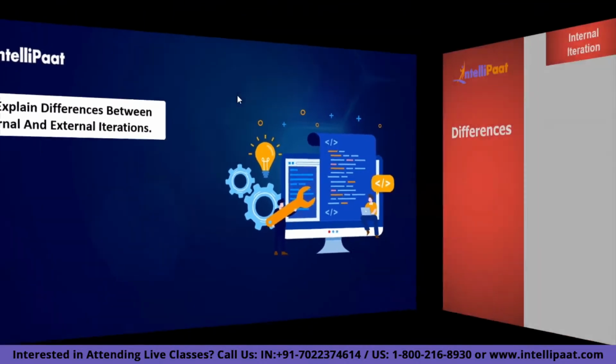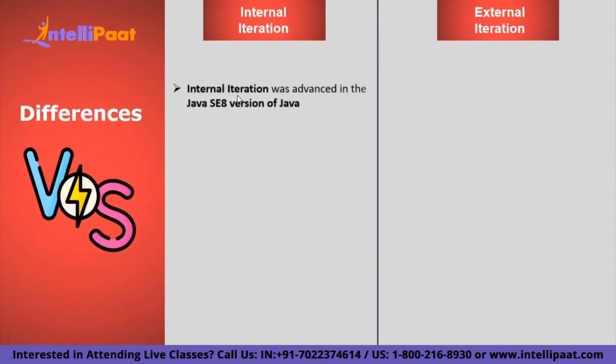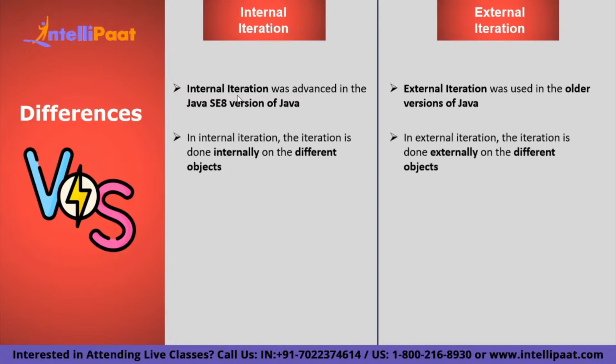Now the 15th question on our list is: explain the differences between internal and external iterations. Internal iteration was introduced in Java SE 8, whereas external iteration was used in the older versions of Java. Now, the next difference between both iterations is that in internal iteration, the iteration is done internally on a different object, for example streams, whereas in external iteration, the iteration is done externally on different objects.